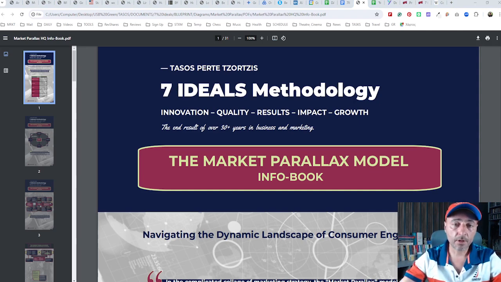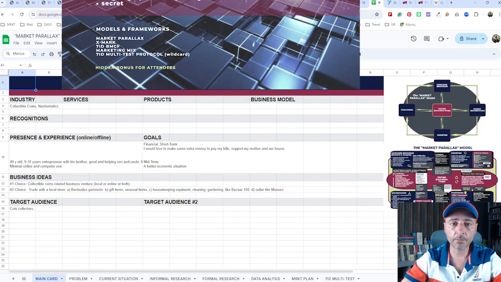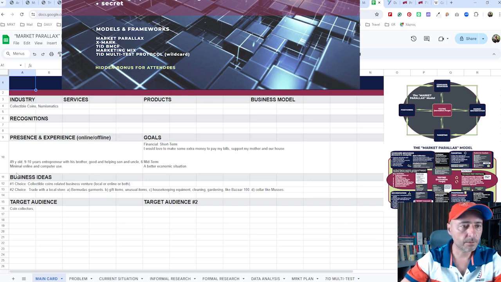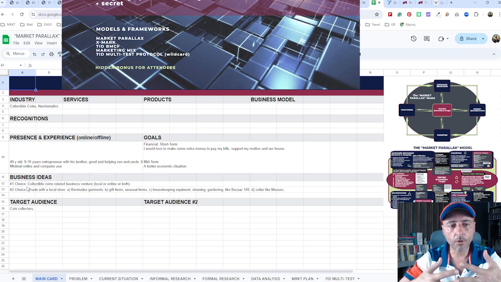So I've used the market parallax model to research consumer behavior. This is the market parallax in a sheet format. So I will blur this page as well wherever his name appears. And so he wants to create a collectible coins related business, local or online or both.